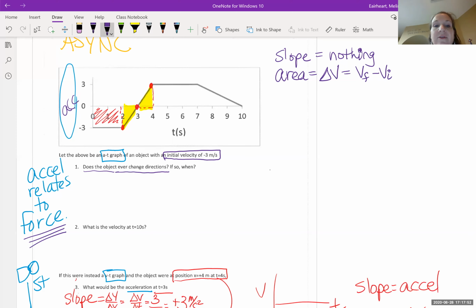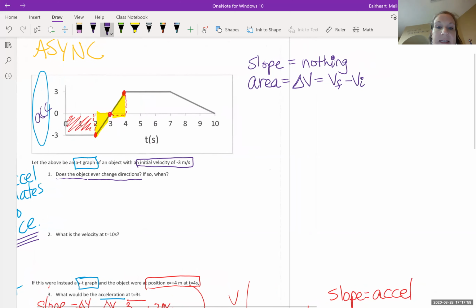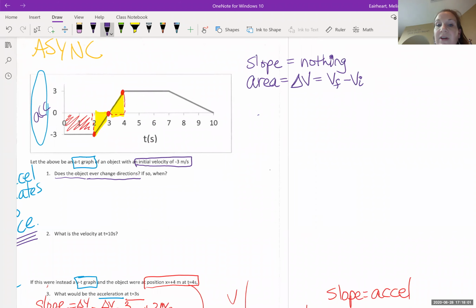And so remember, acceleration relates back to some kind of force. And so I want to draw 3 sketches that are occurring in this graph. And so when the timer begins, we are moving. So here's kind of a path for our person. We are moving to the left. Initial velocity is -3 meters per second. And when the timer begins, something pulls us. Again, acceleration is related to the force.